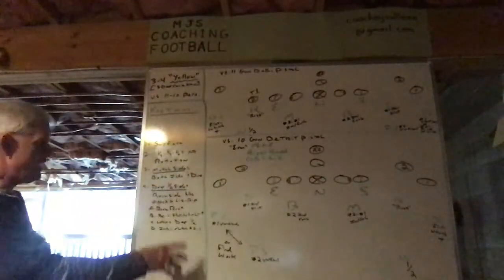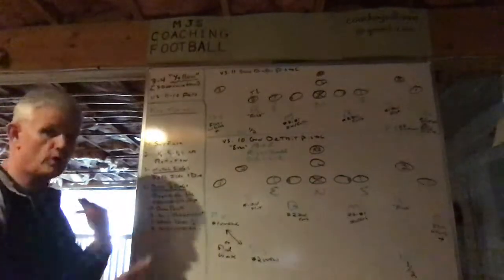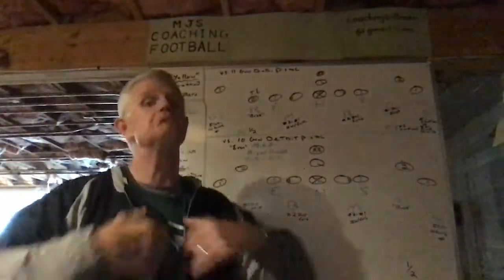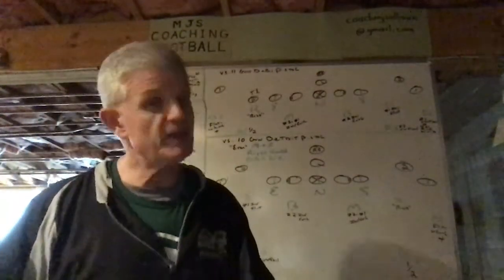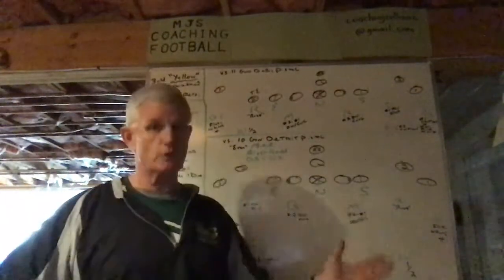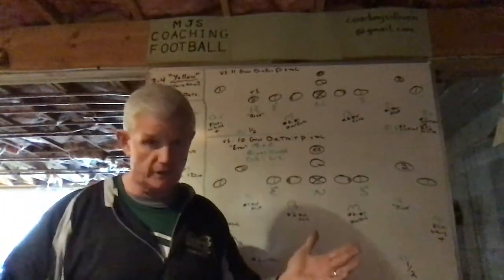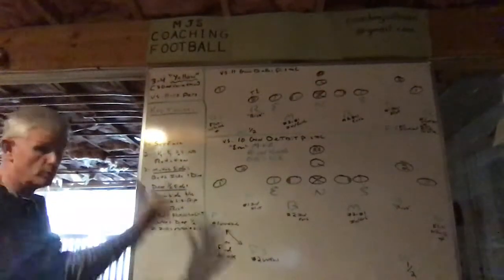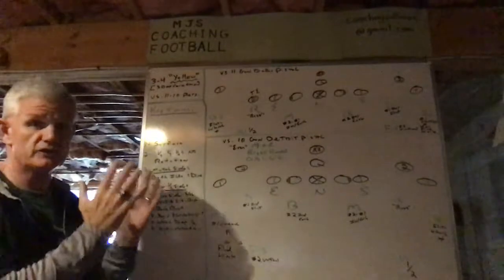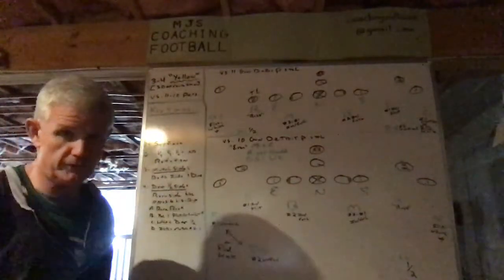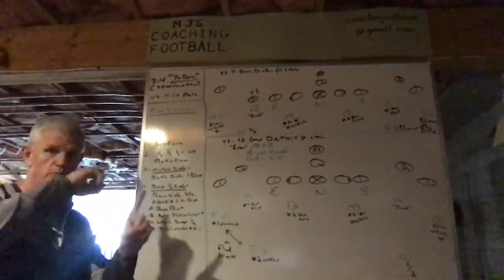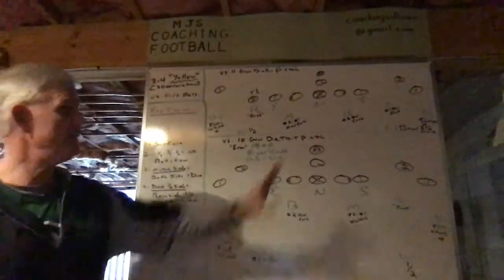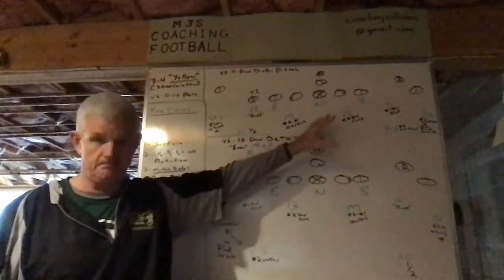On the deep half side, we have the rover rush, or as I'll go over with you, the outside linebacker on that side. On occasion, it could be the dime. It's not a big deal. And then the boundary corner, who it will always be, is flat wheel plus. I'll go over that again when I get to the diagram.